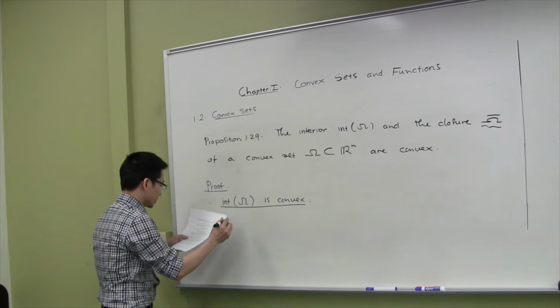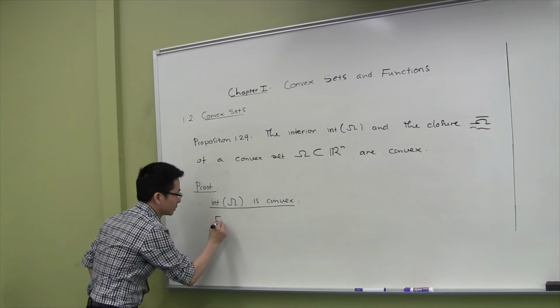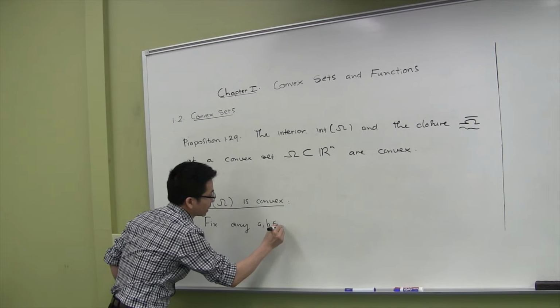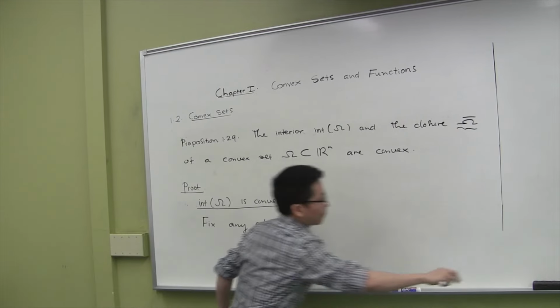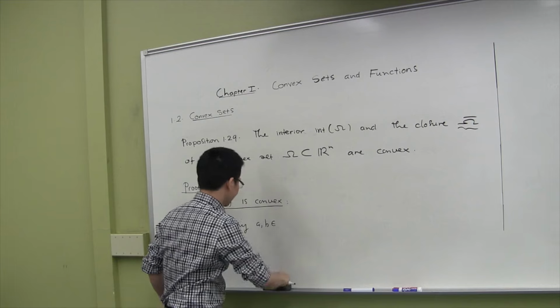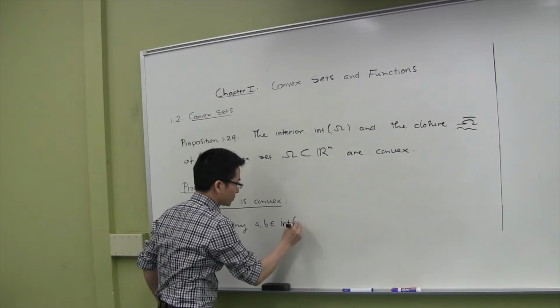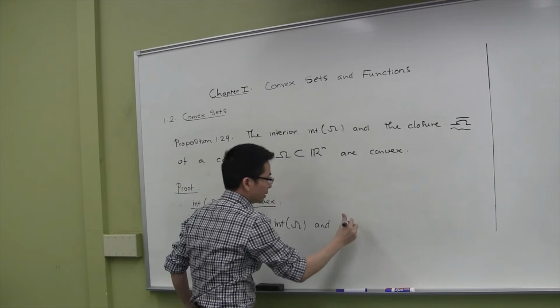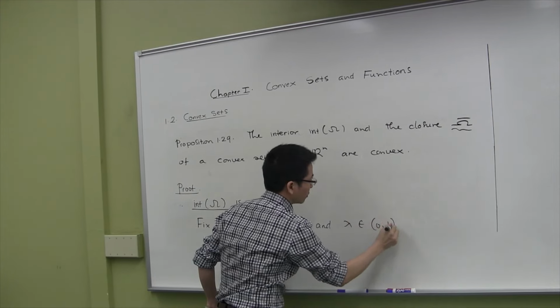Okay, so now using these facts, we can show that the interior of omega is convex. Again we fix any A and B in omega, I'm sorry, in the interior of omega, and lambda in the interval 0, 1.